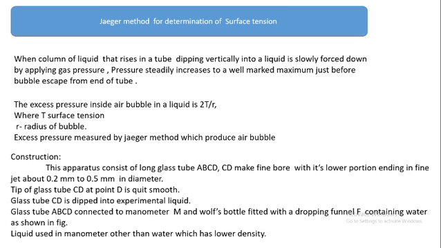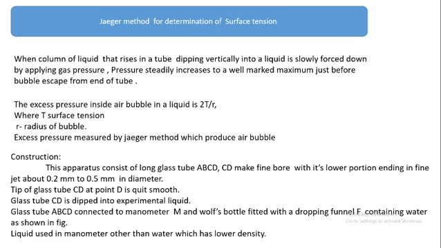applying gas pressure, the pressure is steadily increased to a well-marked maximum just before the bubble escapes from the end of the tube. The concept here: if the capillary tip is immersed in water or a liquid, then due to capillary action the liquid rises inside the tube.